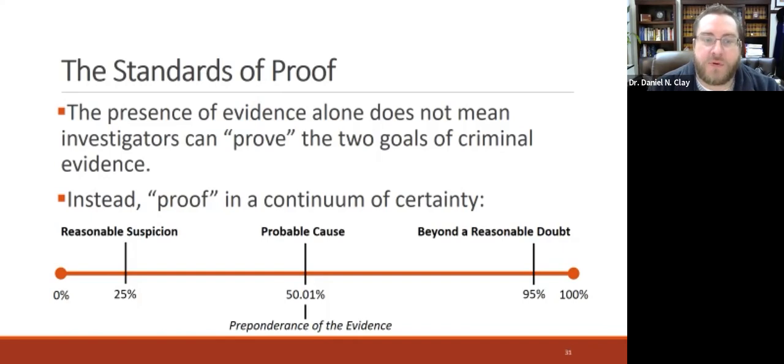Instead, proof exists in a continuum of certainty, right? So on the left-hand side, we have 0% certain. And on the right-hand side, we have 100% certain. We, as human beings, can never, ever get to 100% certain of anything.